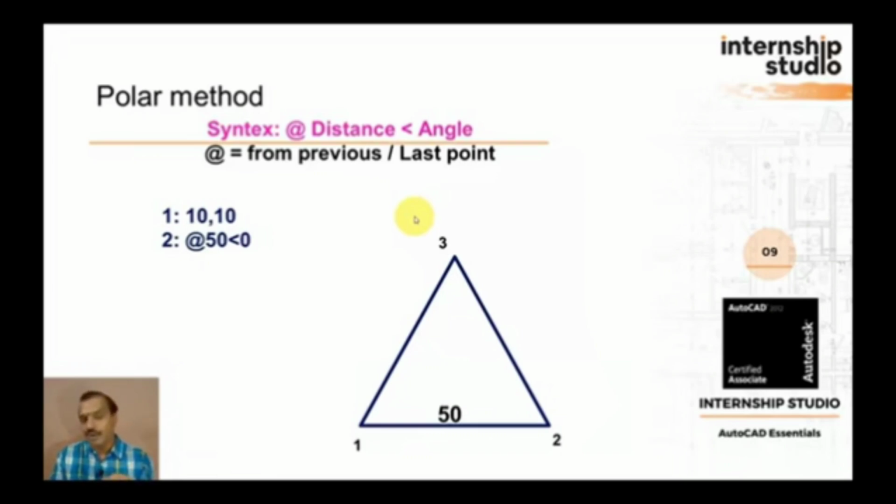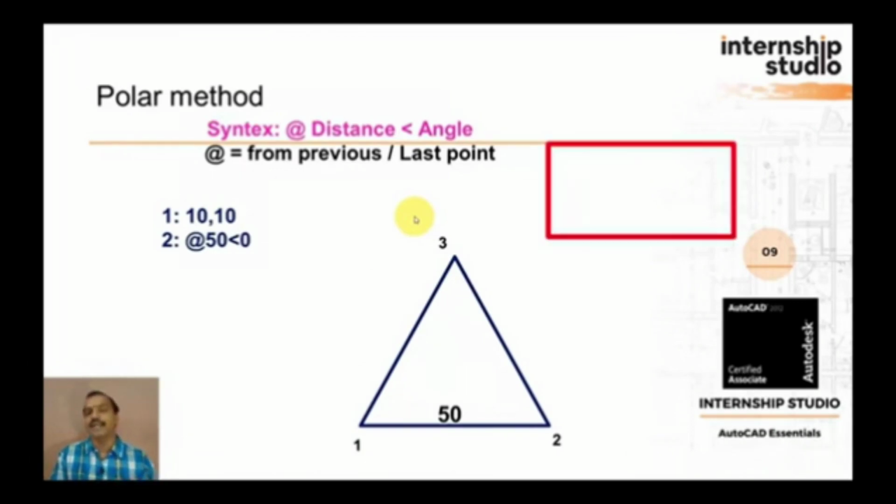Now I have to draw a line from 2 to 3. It is not a horizontal line, it is not a vertical line, it is an inclined line. How to find out the angle? This is very important. Already we found the angle when we did a rectangle, right? How do we know all the corners are 90 degree? Listen, this rectangle is a closed object.